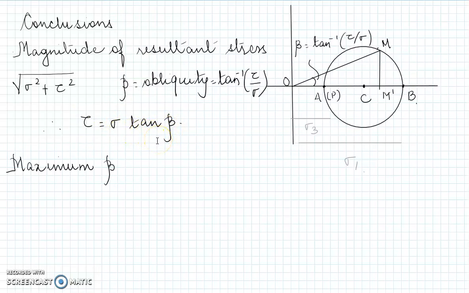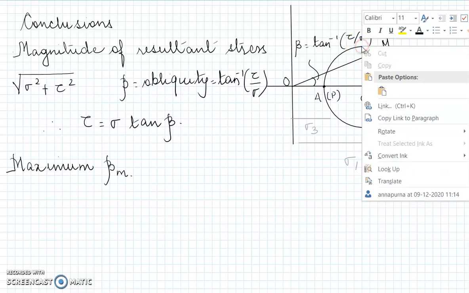Now, maximum value of obliquity, I can write it as beta m, of the resultant stress will be at a point m. Now when will I get maximum beta? Where should I place this m? Do I place it right on top? Will I get a maximum obliquity? Think. If I keep it right on top, will I get maximum value of obliquity?